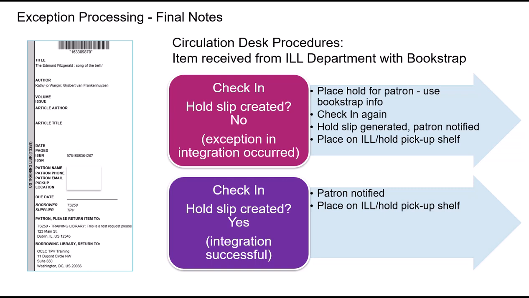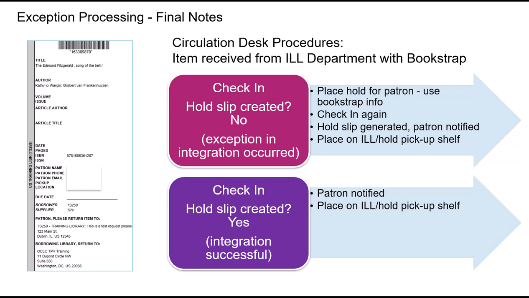If the check-in results in a routing slip back to the WorldShare ILL location or a reshelve available status, circulation staff know they need to check the patron record and place a hold for the item and check it in again, generating that hold slip.